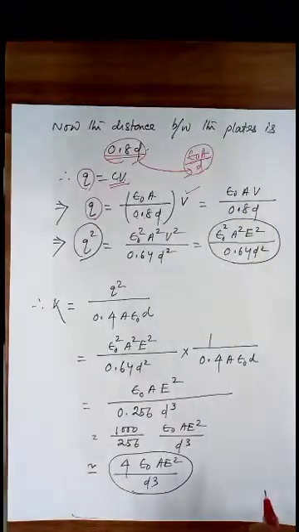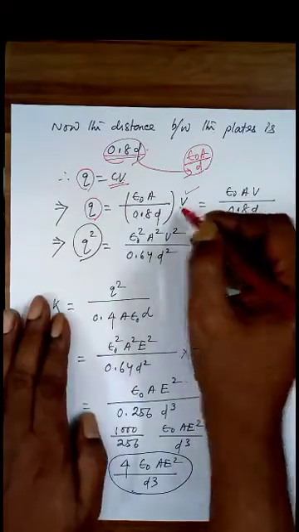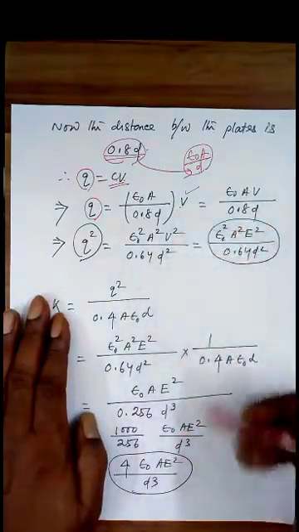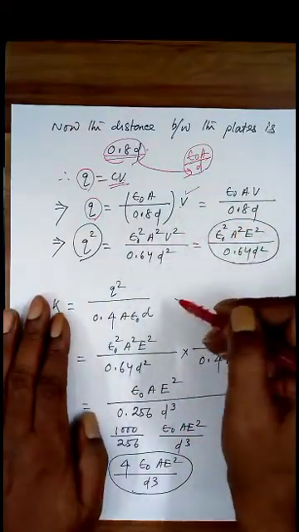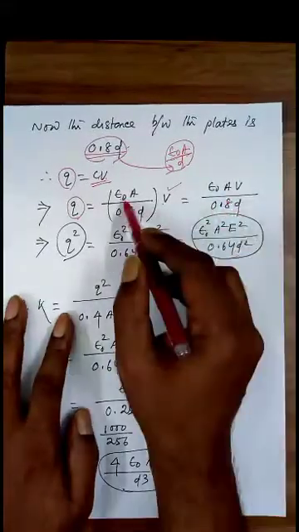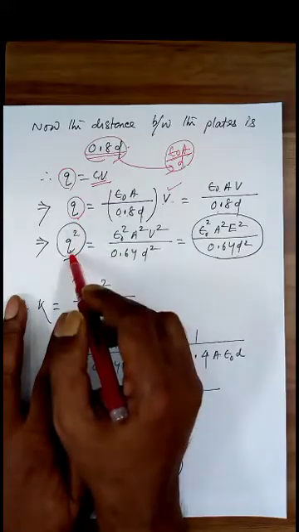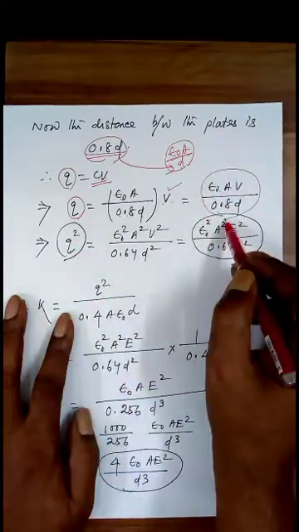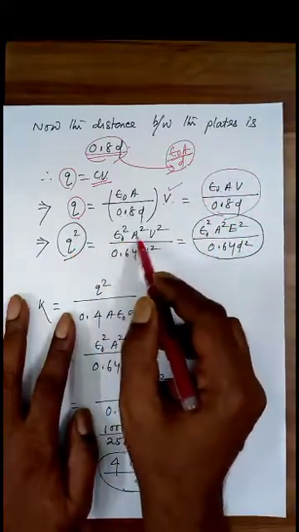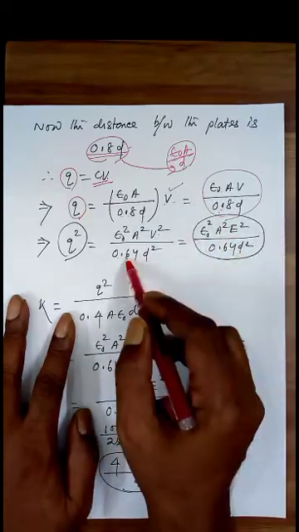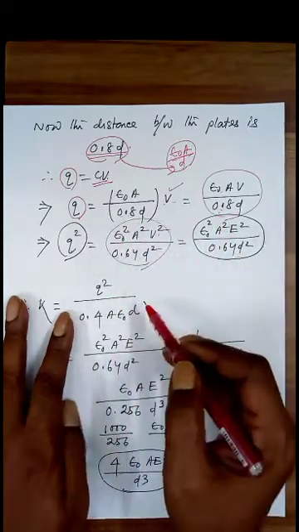So for V, I can substitute capital E later on. That is the same thing as V. Let us solve it with V. So Q becomes epsilon naught A V over 0.8d. So Q squared is the square of this: epsilon naught squared A squared V squared over 0.64 d squared.